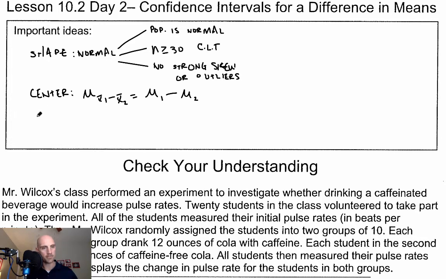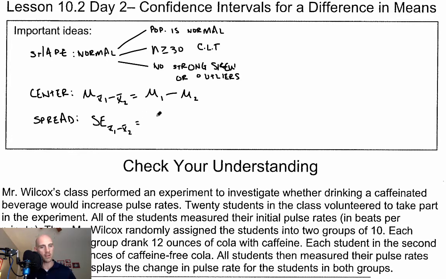Our spread. And think to yourself, what are some of those measures of spread that we've been using? Variability can be measured by standard deviation. And if we're looking for our standard deviation, we can also call it standard error, for X bar 1 minus X bar 2.